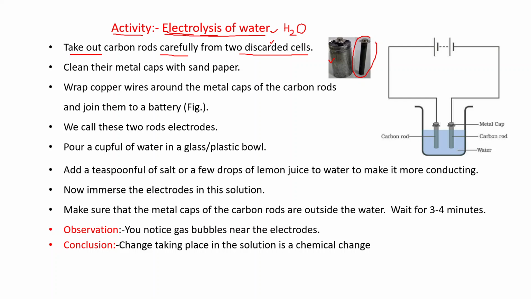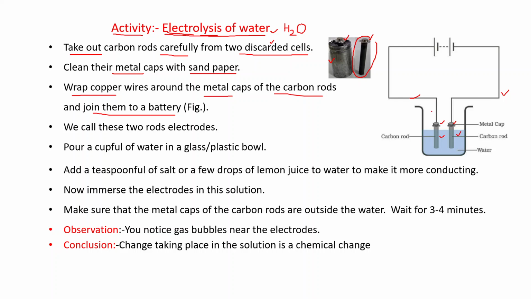The top of this rod, in this cell, this is a metal cap. Clean their metal caps with sandpaper. Wrap copper wires around the metal caps of the carbon rods and join them to a battery like in this figure. These are carbon rods, these are metal caps, and these are the wires.